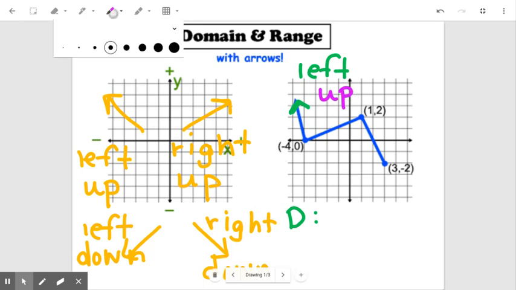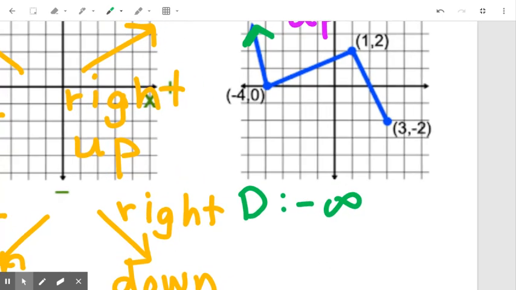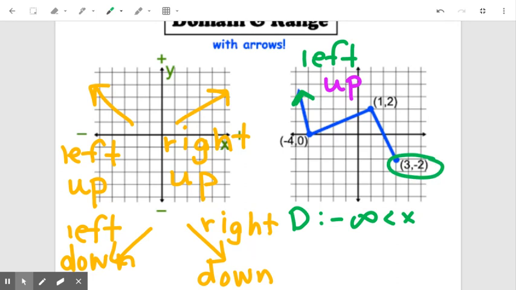So if my domain is going to the left forever, we call that negative infinity. When we write these things, remember, infinities never have an equal to on them. I have x because it's my domain, and my graph goes as far right as this point. That's my farthest right, so my x for that is a 3.